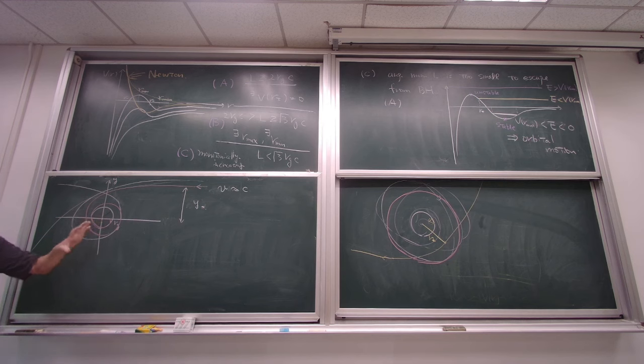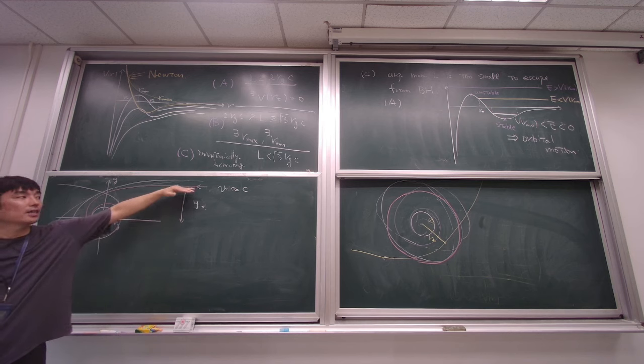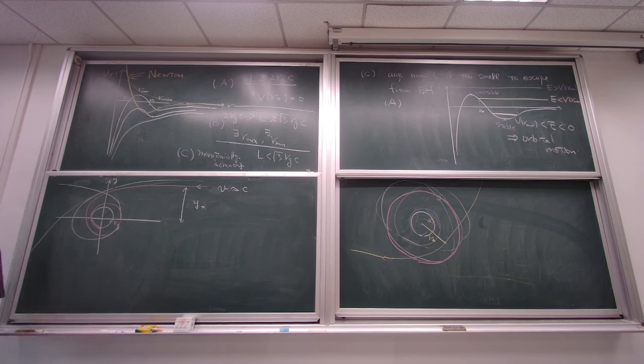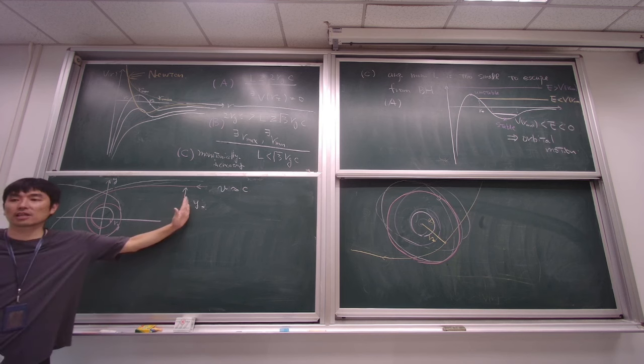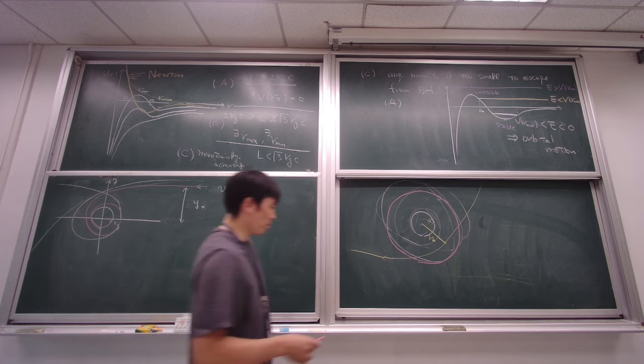If y is slightly bigger than y star, you can escape even with infinite energy, but if it is less than y star, it is inevitably captured. That's the critical value we want to evaluate.